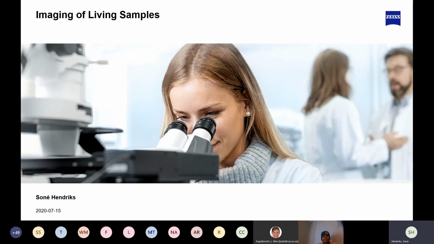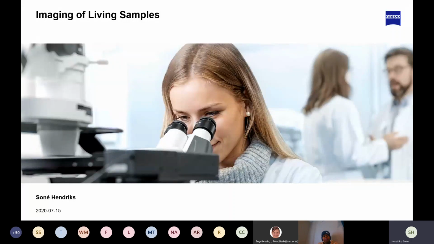All right. Can you see my screen? Yes, I can. All right. Okay. So this second part of the discussion is not just purely for living cells. The idea of this second part of the presentation is really to look at what do I need to consider.